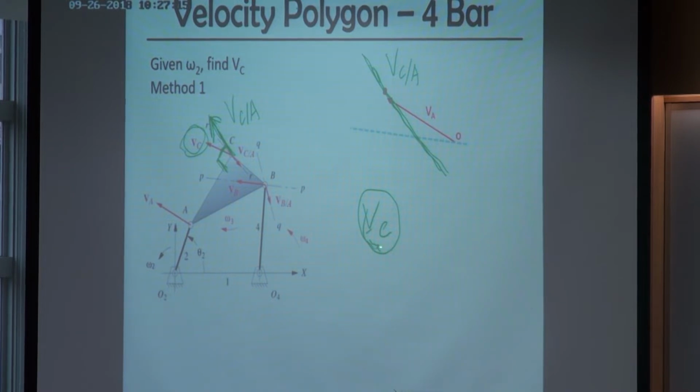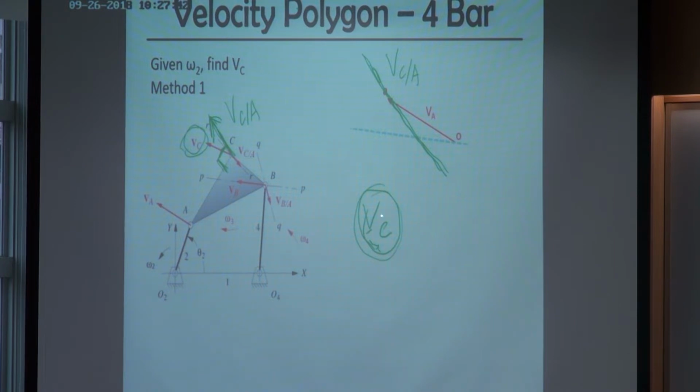We don't know the direction either, because right now this point is not fixed to any link that's connecting to the ground. It's like floating here, and at least by current information, we don't know where this point C is going. So we cannot find another line to represent VC.